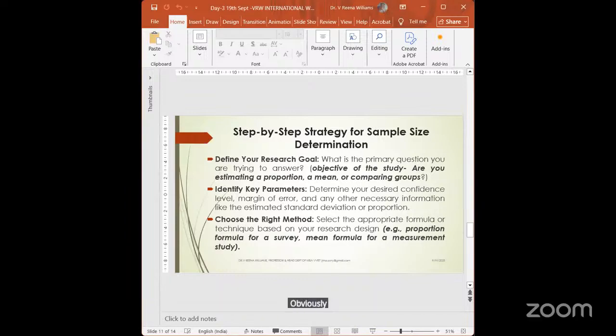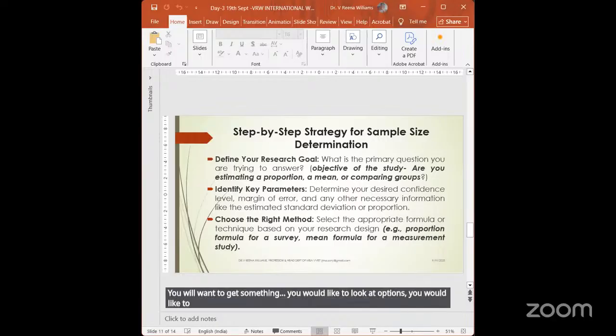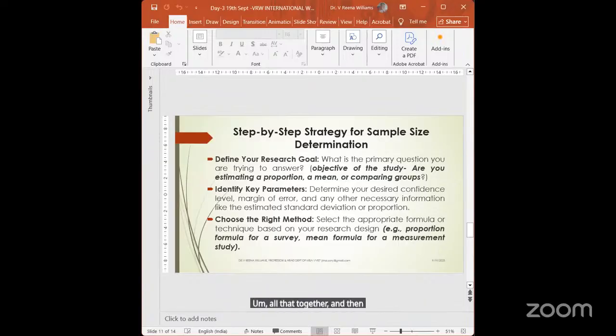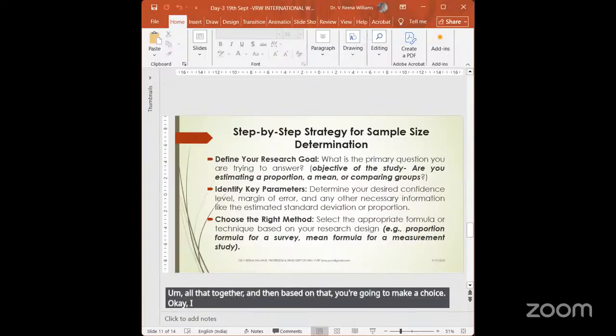Obviously no, right? Because you're paying for it, you will want to get something. You would like to look at options, the different costs, all that together, and then based on that you're going to make a choice. I've not come to the actual meaning, I'm just touching up so that you understand the concept better.